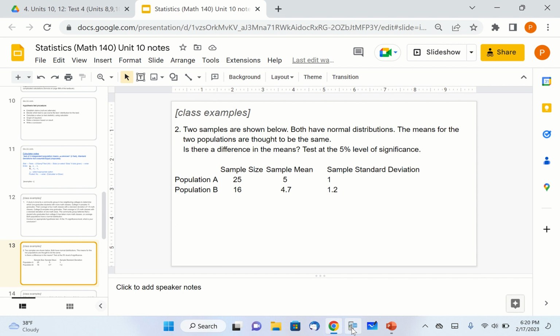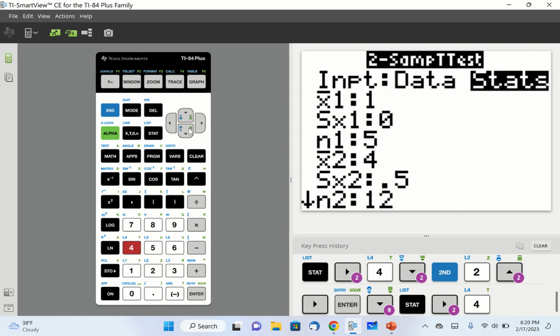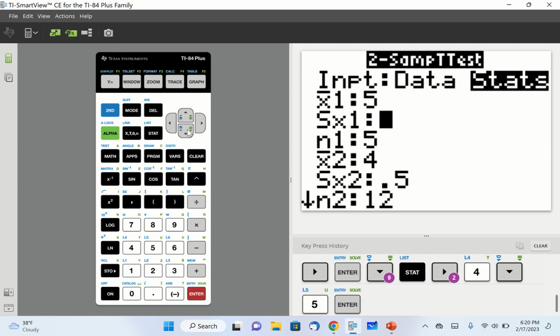Let's go back to our calculator and type them in. So sample mean for the first population was 5. Its standard deviation was 1. So you type in and hit enter each time. Sample size was 25.